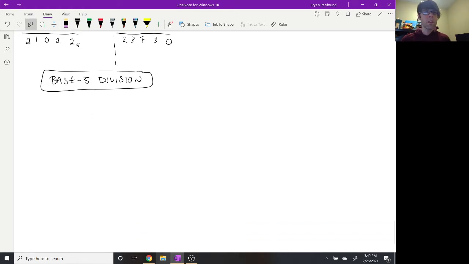Okay, so similar to base 10 division, we're going to set up the problem and look at it from a partitive division perspective. We're still going to use that partitive or fair share model to model a base 5 division.